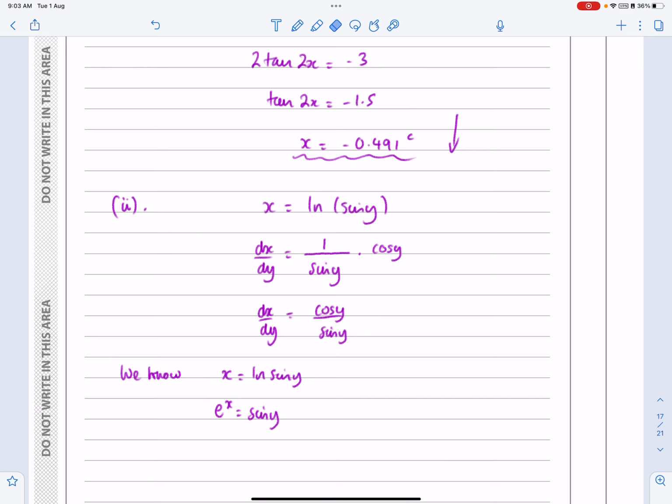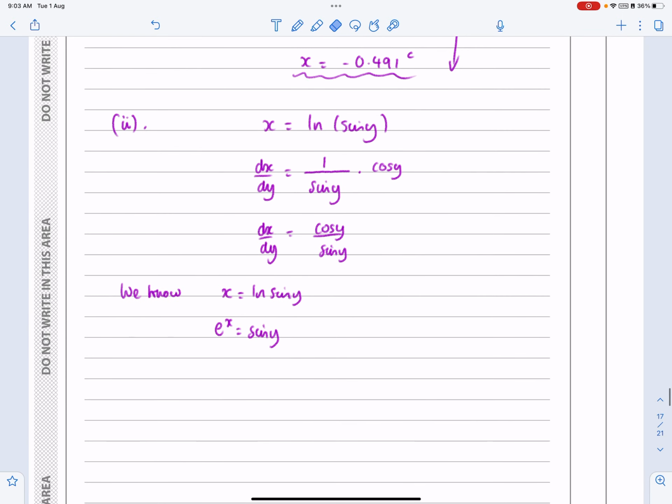You need to almost look at this one and then see when it comes up again in the future, as I'm actually going through and doing this, then I can say dx by dy is cos y over sine y, so it's cos y over e to the x. Can I rearrange cos y?